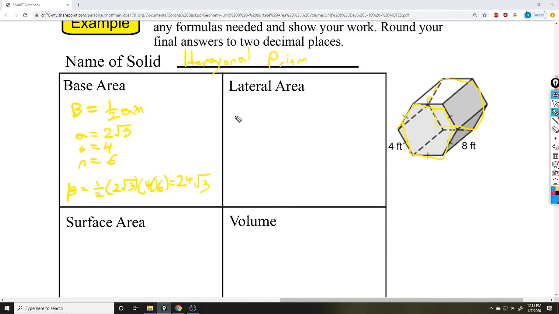Lateral area is perimeter of the base times your height. Now, perimeter of the base, we just add up all the sides. Well, what are the sides? The sides are 4. So we take 4 plus, well, all the sides are 4. And that's 24.